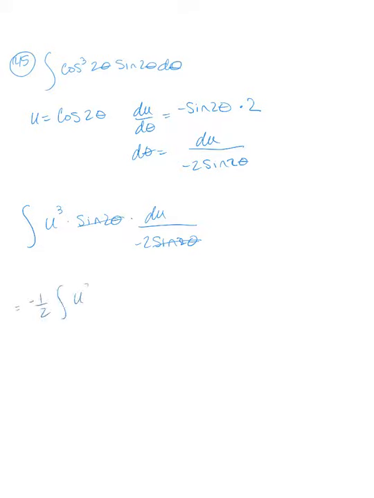Integral of u cubed du. So that's negative 1/2 times u to the 4th over 4 plus c. And then I'm just going to replace my u with cosine 2 theta. So this is negative 1/8 cosine 2 theta to the 4th plus c.